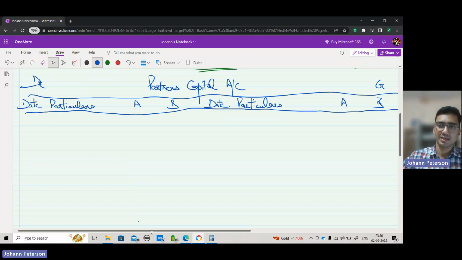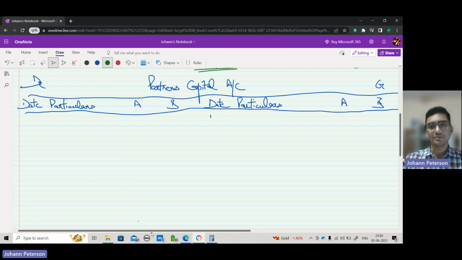We have been told the capitals at the beginning. In the question, we have been told on 1st April they have so and so capitals. They started a business. So if they start a business, the journal entry is going to be cash or bank account debit to capital account. That means in the capital account on the credit side, we are going to write this.